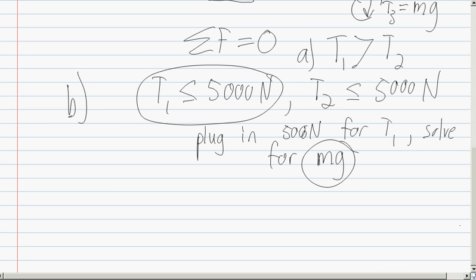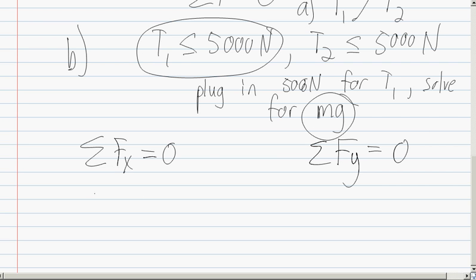So, what that means for us is that we're going to have to add all the x forces and set them equal to 0, and add all the y forces and set them equal to 0. So we have minus T1x, because that pulls to the left, plus T2x equals 0.